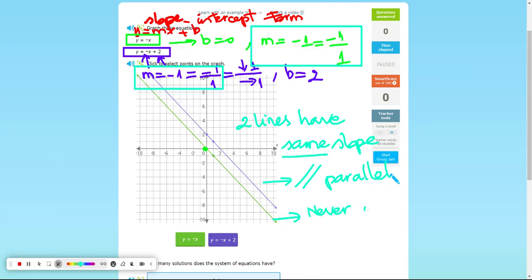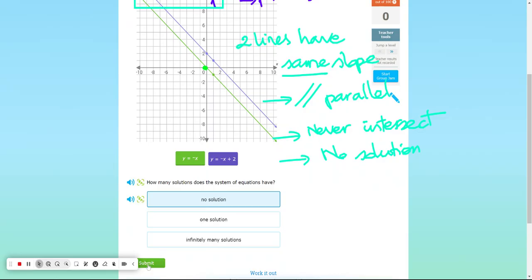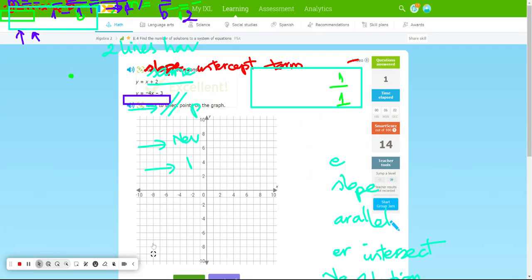So therefore, no solution. So we already choose the answer, no solution. So now we just submit and then we're done. Okay, so here we go. Submit, no solution. Done. Now clear everything.